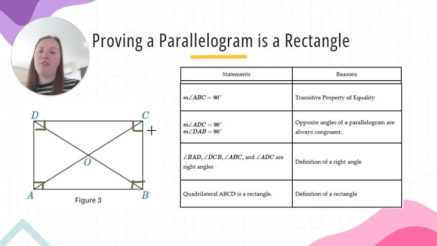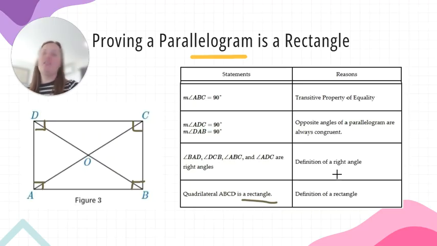So now we have four 90-degree angles that we're working with here, okay? And that means that we have a parallelogram with four 90-degree angles, and therefore we have a rectangle, okay? So first we proved congruence using a triangle congruence theorem, which was side, side, side.